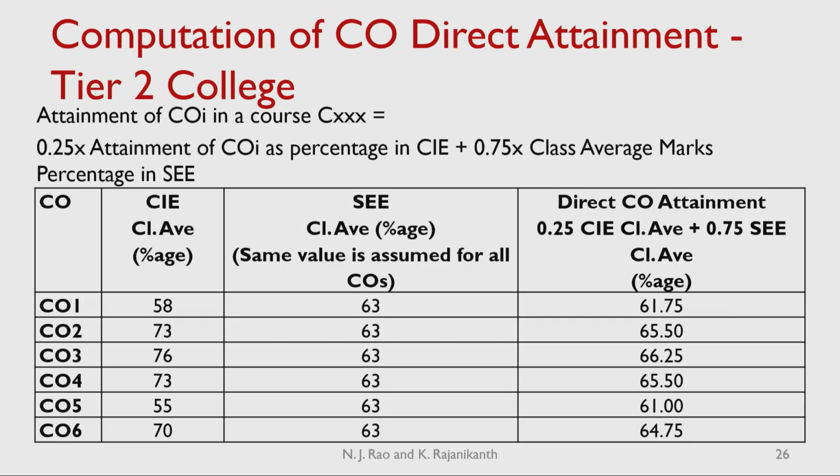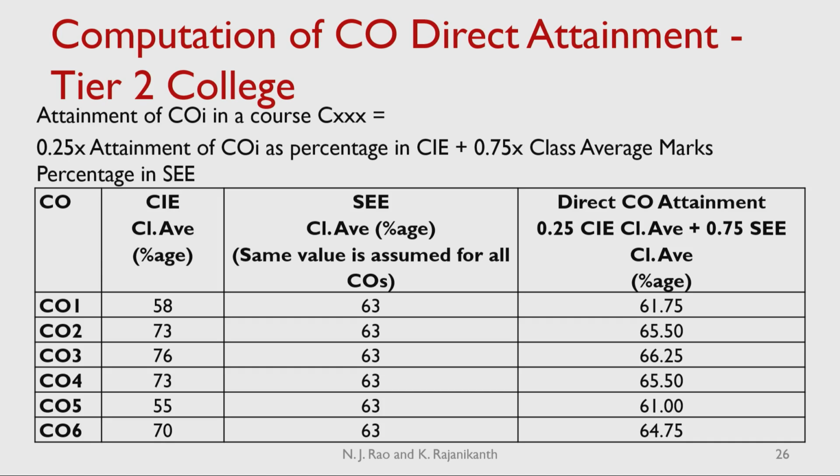Then we have to combine the class average in the CIE with the class average in ACE. This is where the computation in a Tier 2 institute differs from the computation in a Tier 1 institute. We can see in the column under ACE that the same number is appearing.